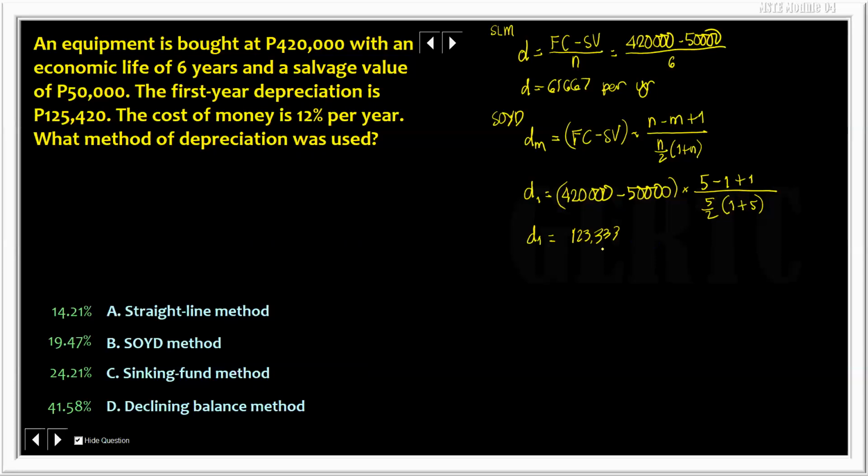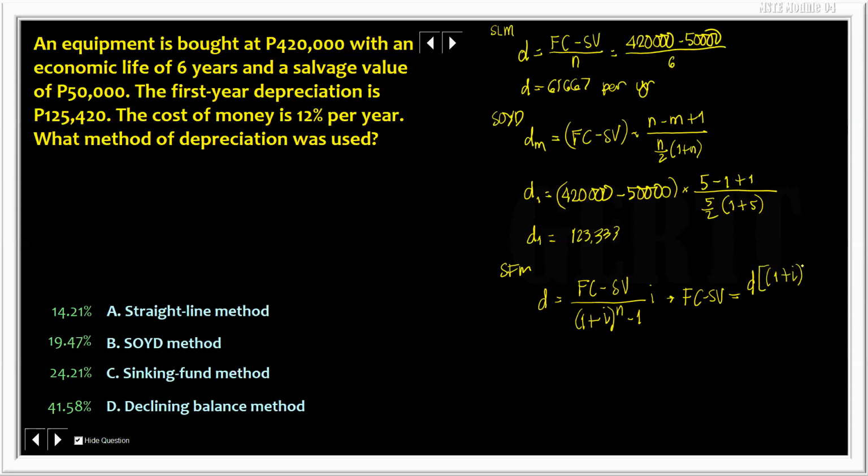But how about sinking fund? For the sinking fund, the formula is D equals FC minus SV all over 1 plus I raised to N, minus 1, times I. It comes from the total depreciation, FC minus SV, being equal to the accumulated worth of the yearly depreciation D, good for N years.